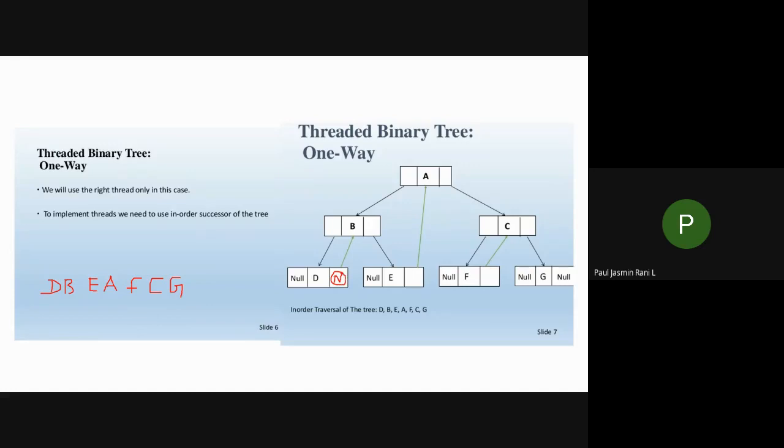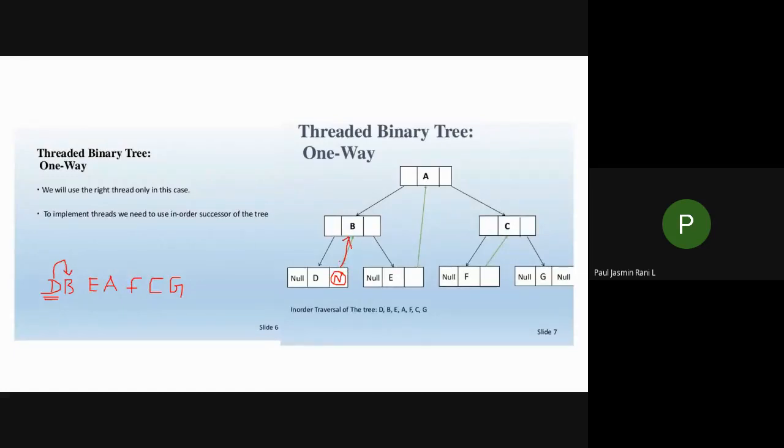How will I fill the address? I take the D node over here and see what the in-order successor of the D node is. The in-order successor of the D node is nothing but B. So in the place of the null, I am going to mark the B node address.